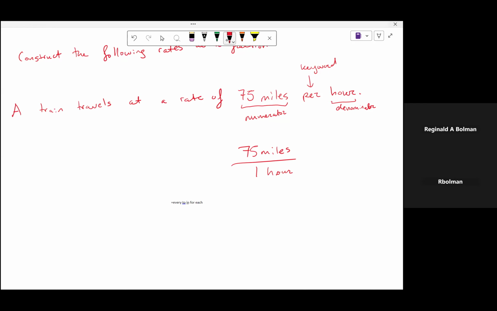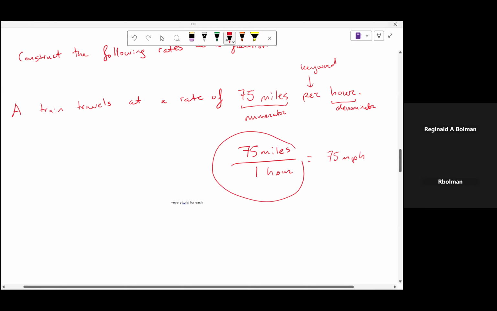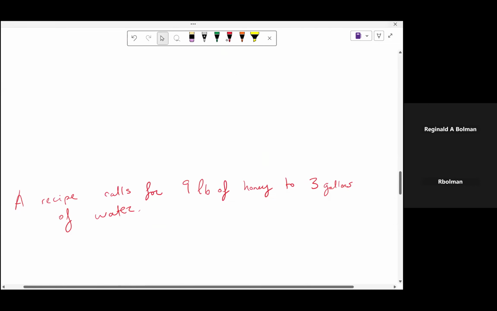So 75 miles per 1 hour or per hour. Note that miles per hour can usually be abbreviated as mph, but if the problem statement is simply asking for a rate, then 75 miles over 1 hour is just fine.